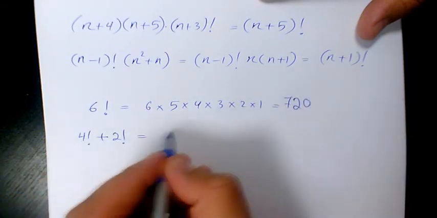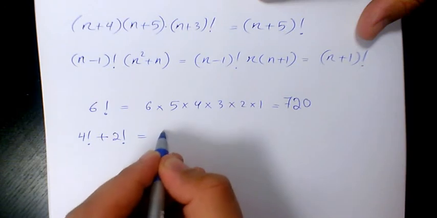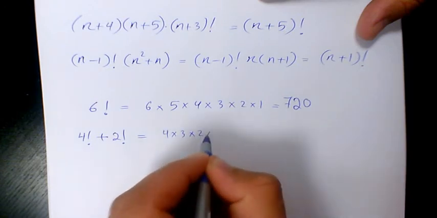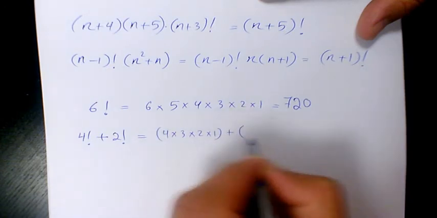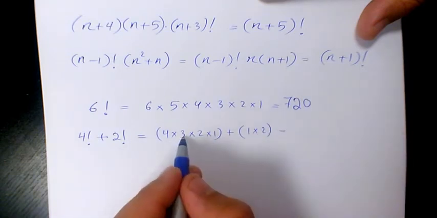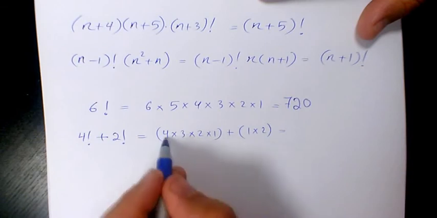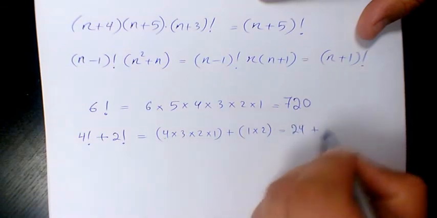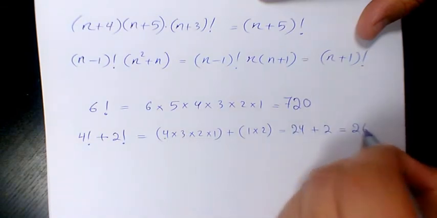And here 4 factorial is just going to be 4 times 3 times 2 times 1, which is 2 times 3, 6, times 4, 24, plus 2, which is going to be 26. As you see here, they are different.